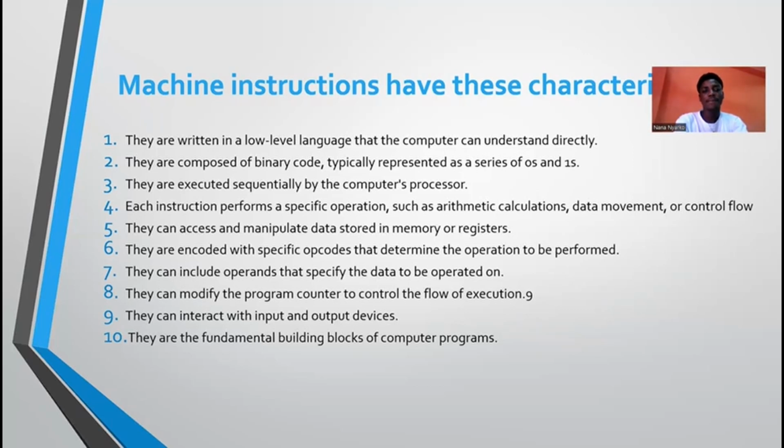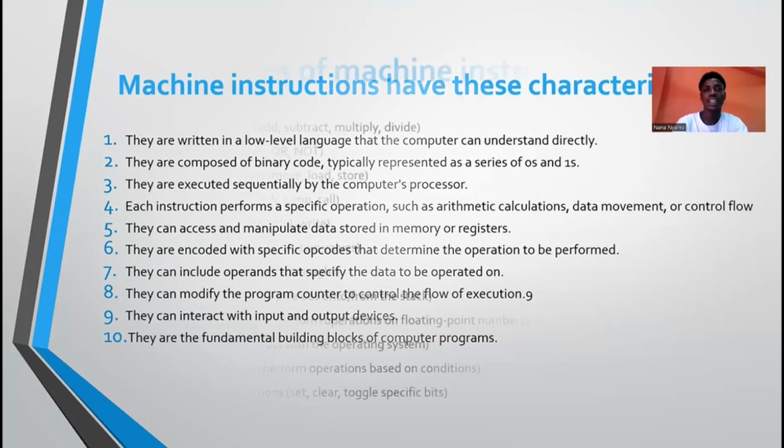The tenth one is that they are the fundamental building blocks of computer programs. It means that before a computer performs its tasks, instructions are supposed to be the fundamentals of it.